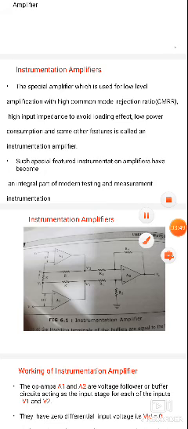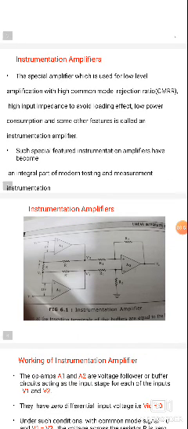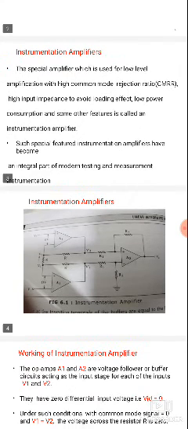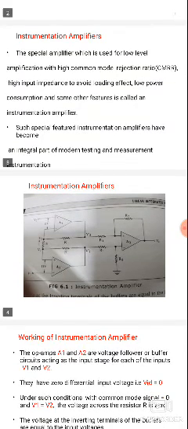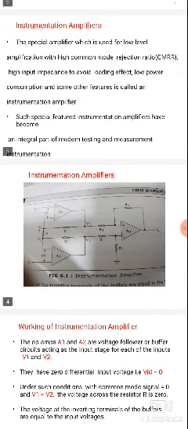First, the instrumentation amplifier is a special amplifier which is used for low level amplification. This is the main advantage along with high CMRR. It is used to amplify low level signals with a high common mode rejection ratio. High common mode rejection ratio indicates low noise and high accuracy.